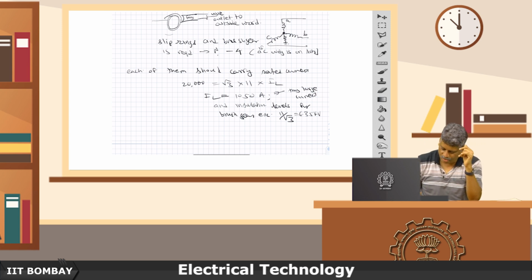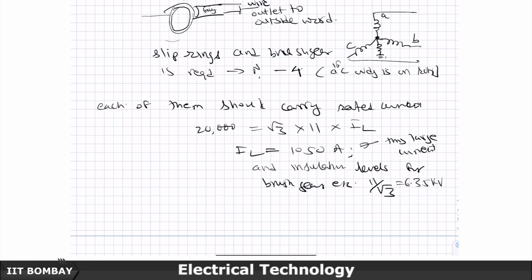These windings and the gearbox and everything are going to be with respect to ground at a 6.35 kilovolt level. So, a much more significant amount of insulation requirement is also there.